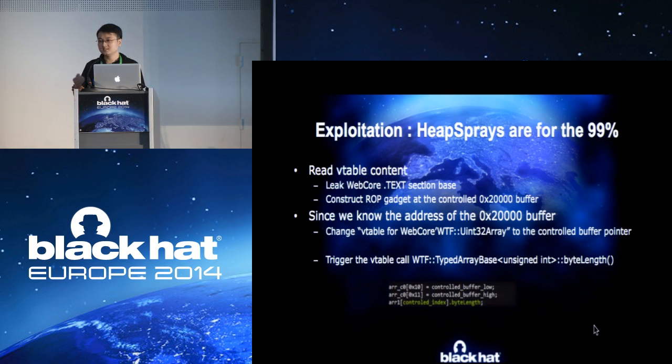After reading the content of the vtable, we can leak the text section base so that we can construct the ROP. And then with the AAR, we can know the address of that 0x20,000 buffer, so that we can put our shellcode into that buffer and change a vtable to point to that buffer, so that we can achieve arbitrary code execution without heap spray.